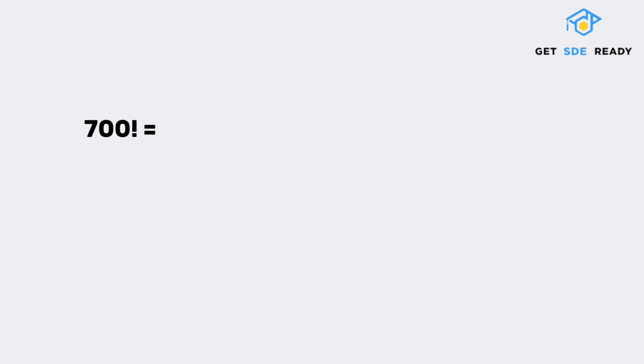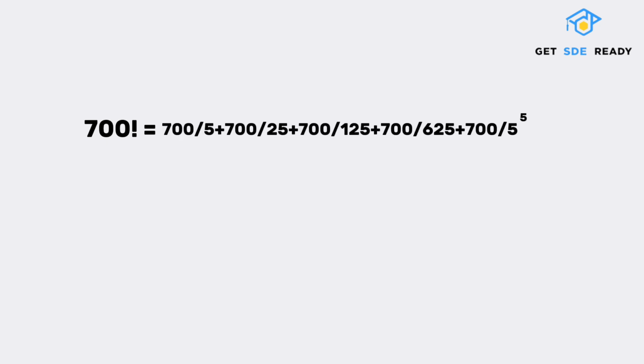So you did 700 divided by 5 plus 700 divided by 25, plus 700 divided by 125 plus 700 divided by 625 plus 700 divided by 5 raised to the power 5, which is definitely going to be bigger than 700. So this value turns out to be 0, and all the values ahead are going to be 0. Yes or no? So we have to calculate till here, right?